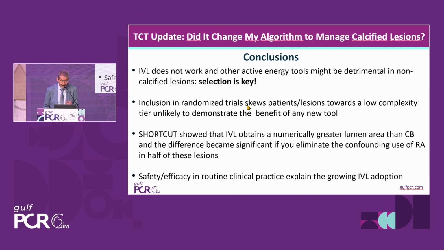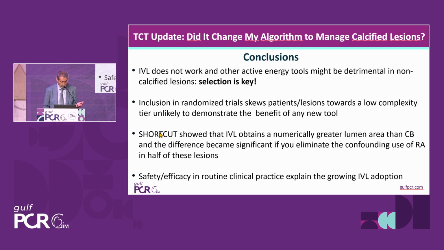The inclusion in randomized trials, in general, irrespective of these 2 trials, tend to skew patients and lesions towards cases with low complexity, and this makes it unlikely to demonstrate the benefit of any new tool. And we have to acknowledge that and understand that, of course, these investigators did their best, and the negative result can be, however, explained by this selection bias.